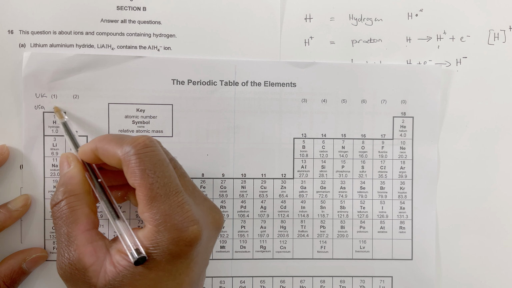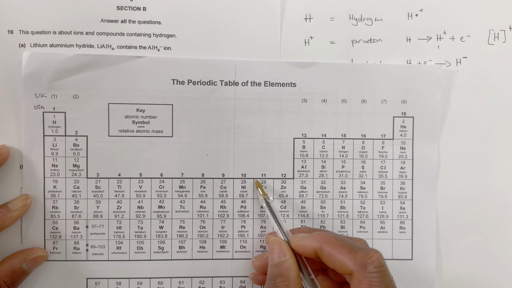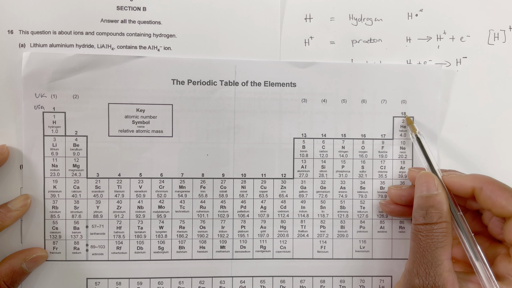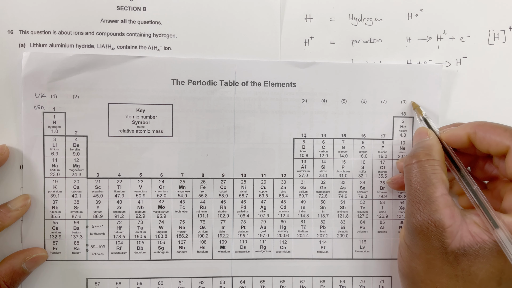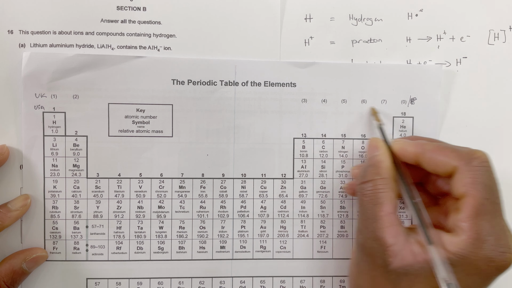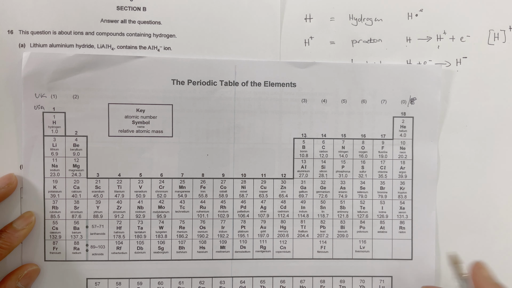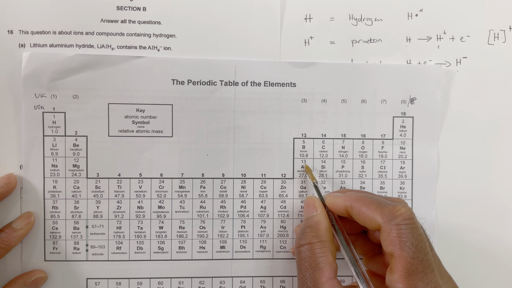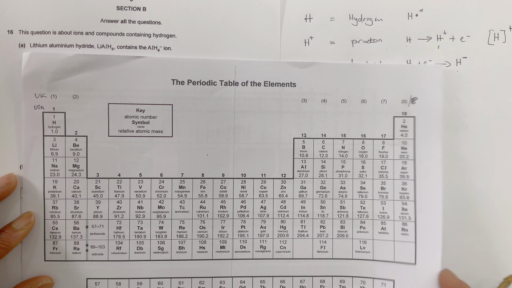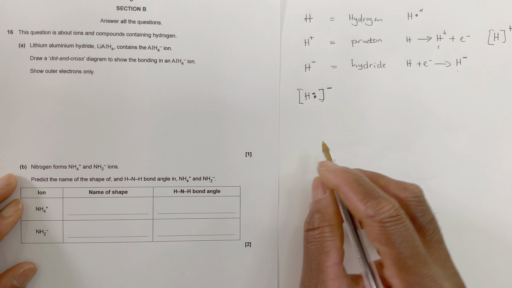Group 1, group 2, group 3 is all USA, or group 18, which we call group 0 or group 8 in the UK. So aluminium has 13 electrons and 13 protons, which means it has 3 electrons in the outer shell. That's why it's in group 3.